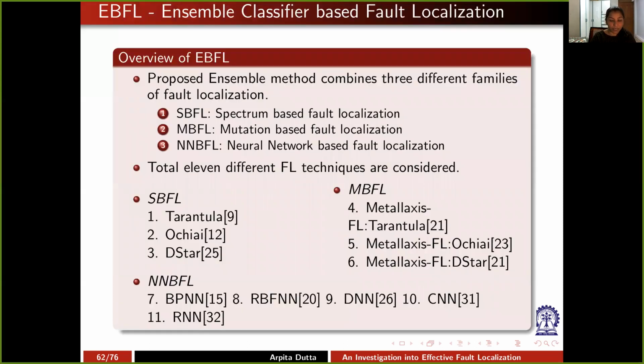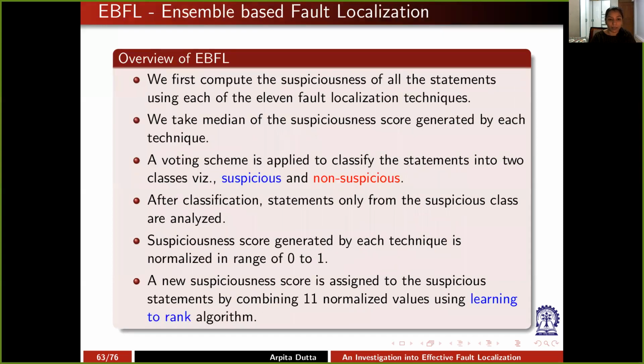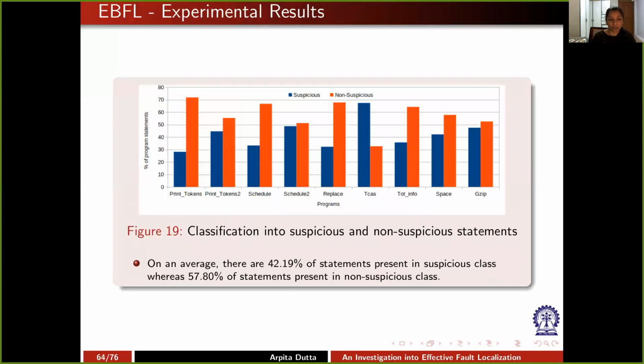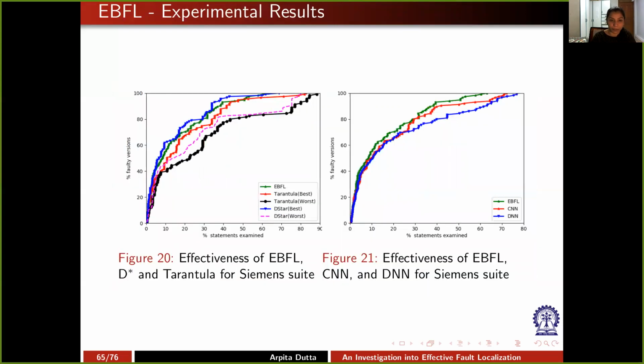So these are the methods that we have used in this, and we can see that on average, 42.19% of statements are present in the suspicious class, whereas 57.80% of statements are present in the non-suspicious class. That means we have reduced our search space, eliminating at least half of it.